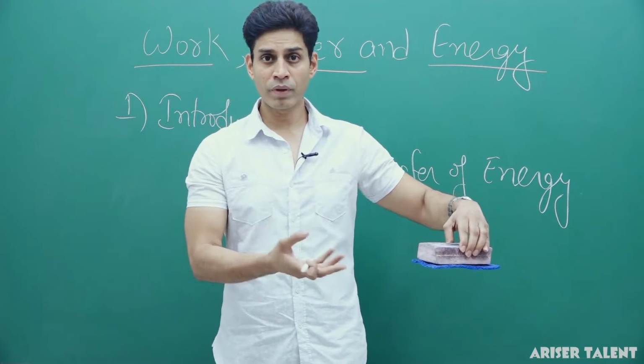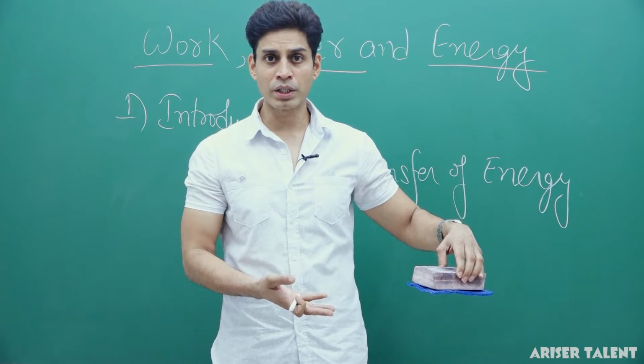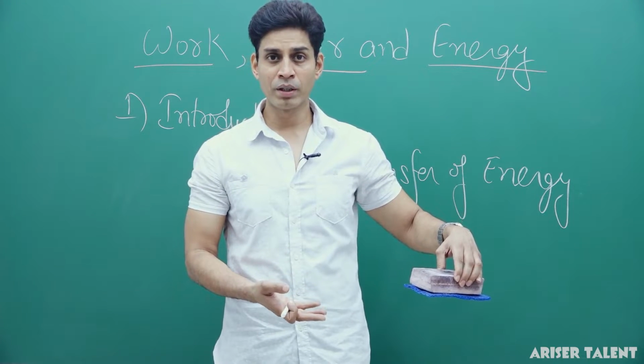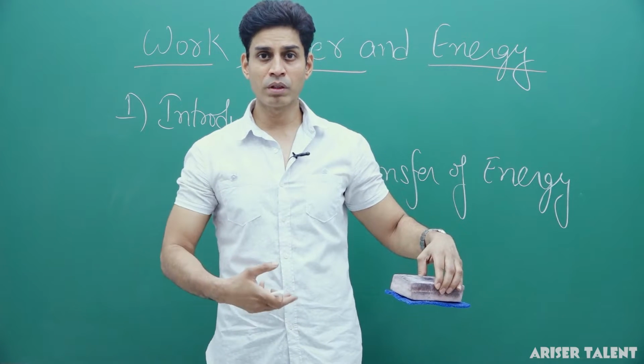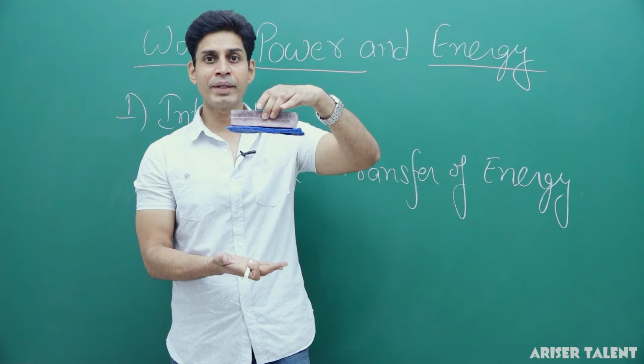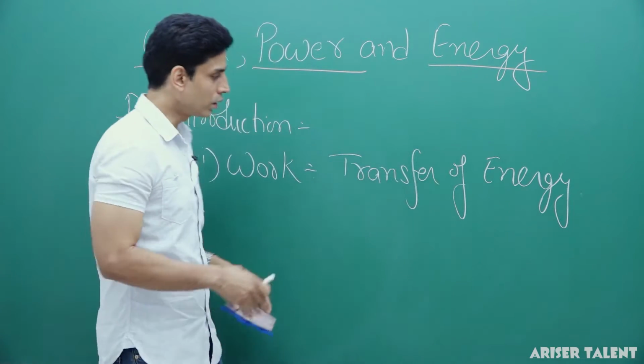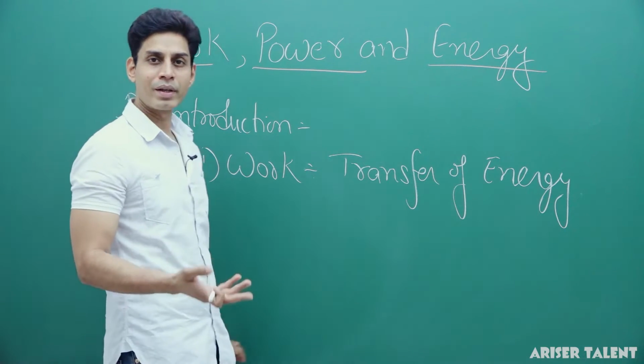From where has this half mv square come? Actually, I transferred this half mv square energy, and that is the work performed by me. So in this case, work performed by me is half mv square, and in the earlier case it is mgh. Clear? So, what is work? The transfer of energy is work.